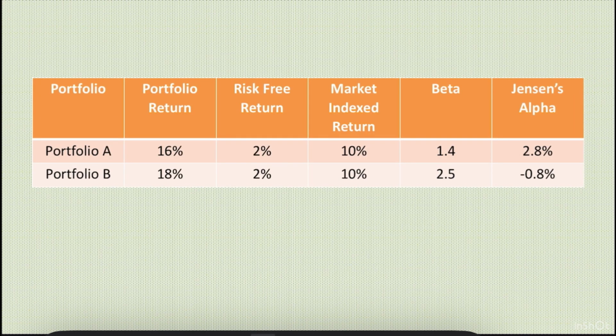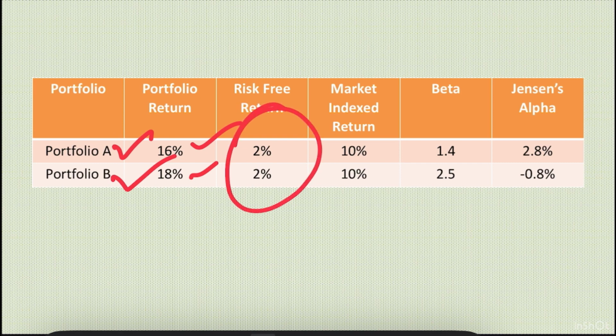Over here we have two portfolios, that is portfolio A and portfolio B, with the portfolio returns of 16 and 18% respectively. Risk-free return is the same, that is 2%. Market is at 10%, and beta we have, and then we have Jensen's alpha. Okay, I've already computed the value.